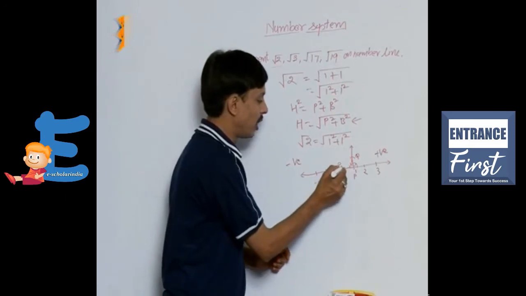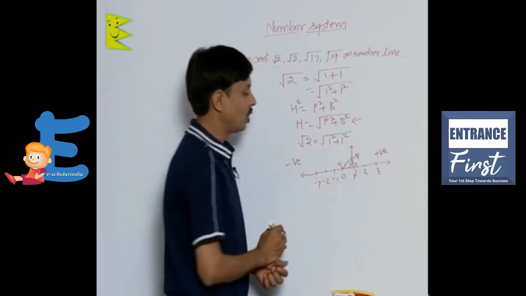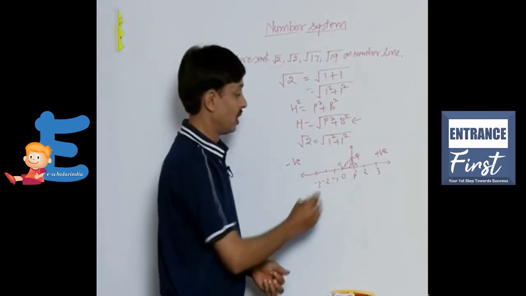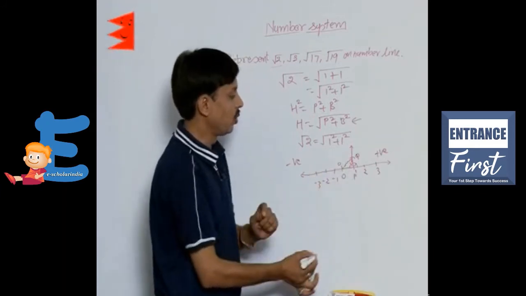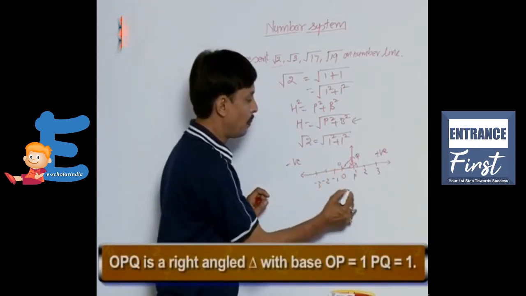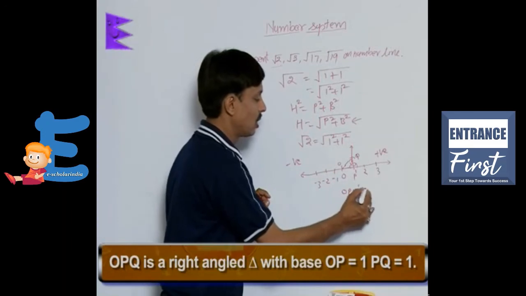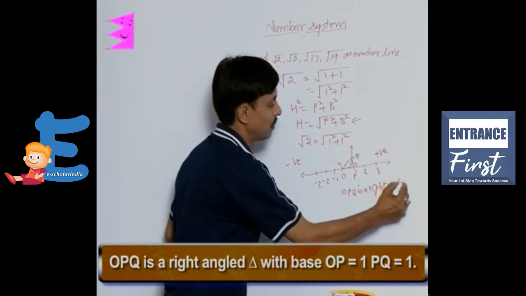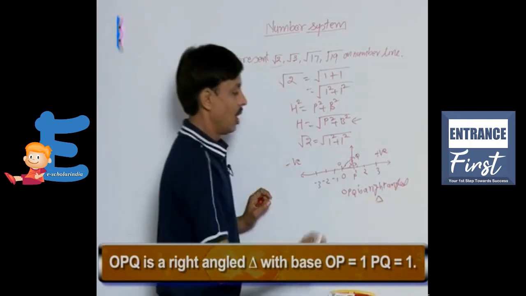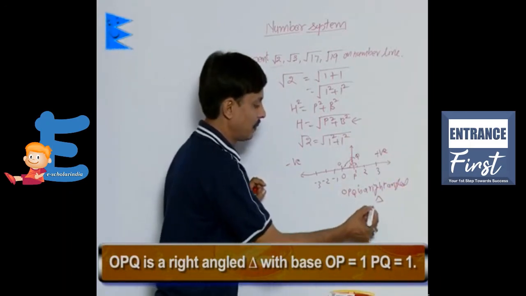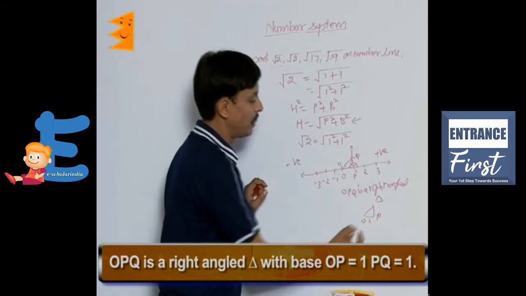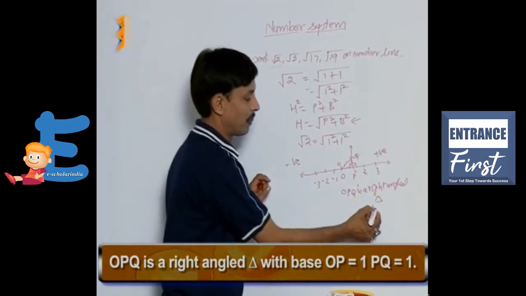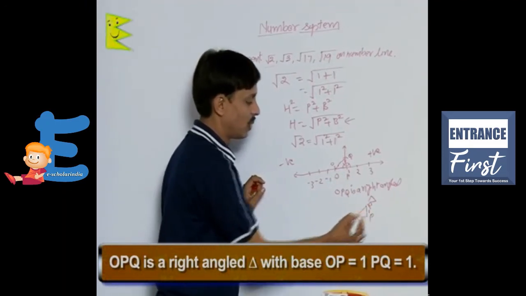If Q is joined to O, then what can you say? OPQ is a right angled triangle, with base OP as 1 and perpendicular PQ as 1.